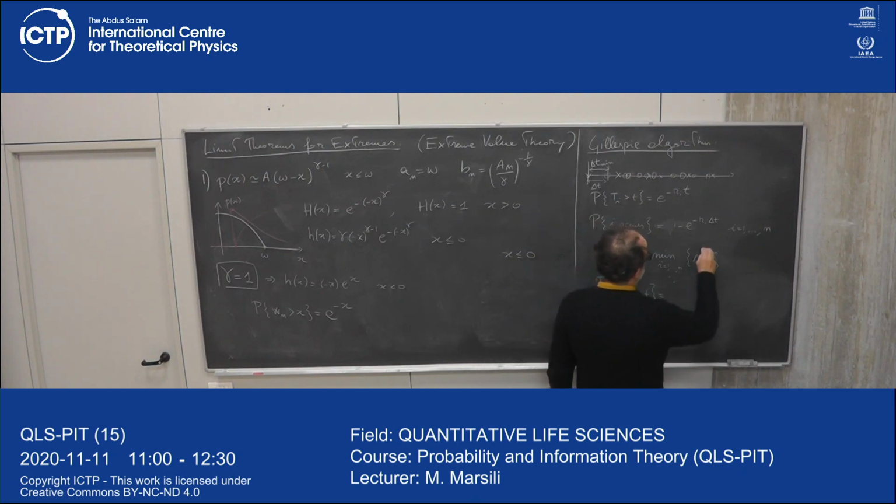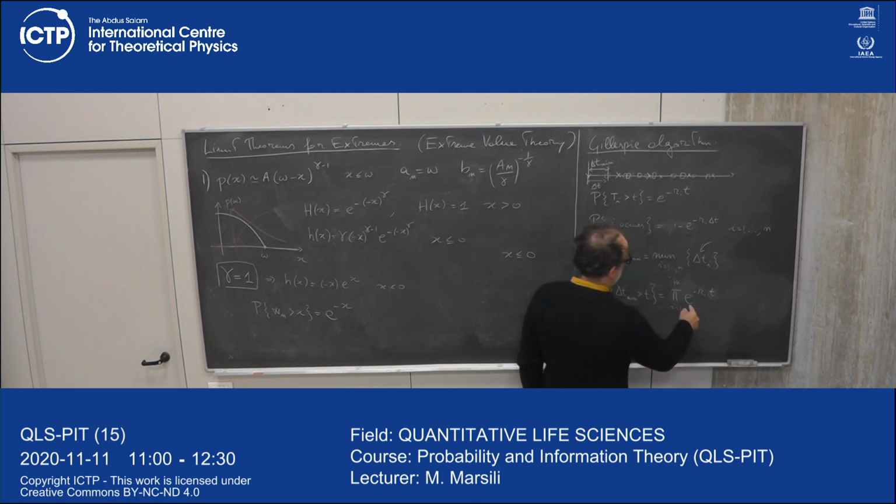And if these have an exponential distribution, then this is just a product, because they are independent, of e to the minus r_i times t.